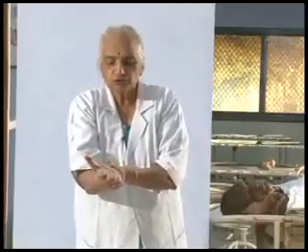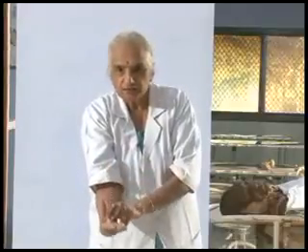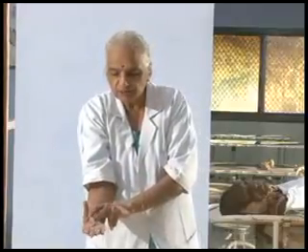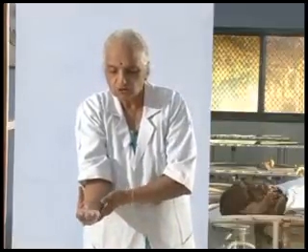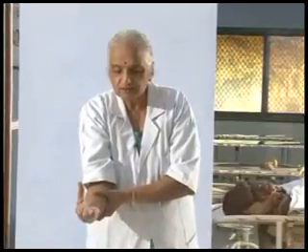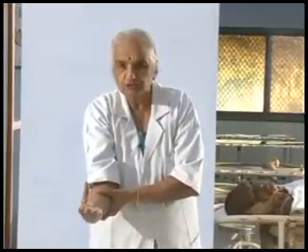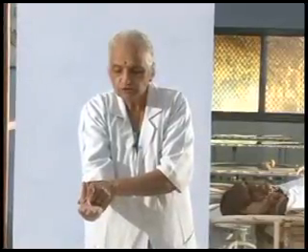Now, a very important joint is the first carpo-metacarpal joint. For this, the hand is placed flat on the table, the thumb is raised, and this is the movement of abduction, done by abductor pollicis brevis.